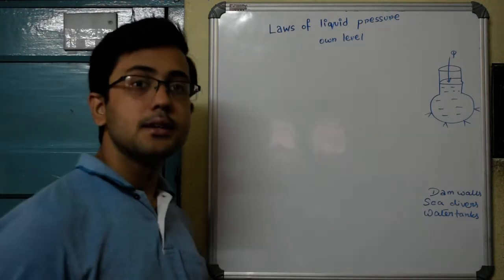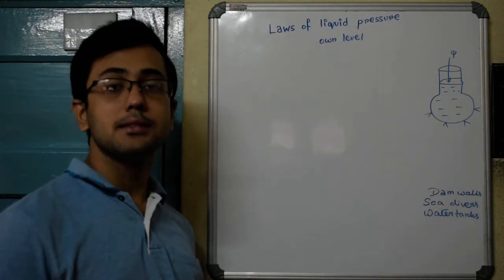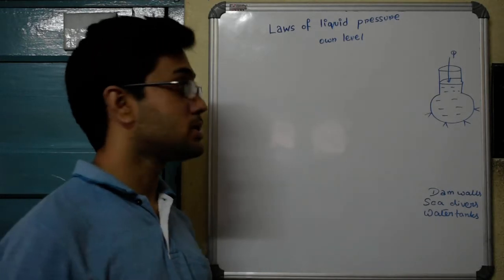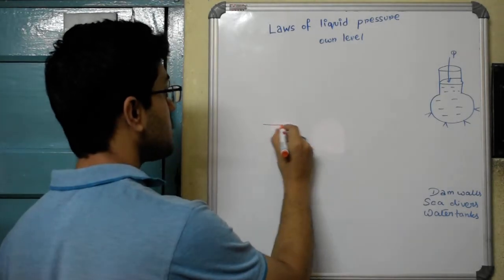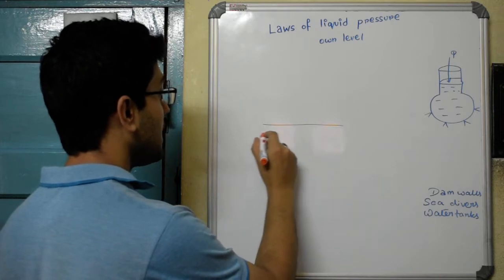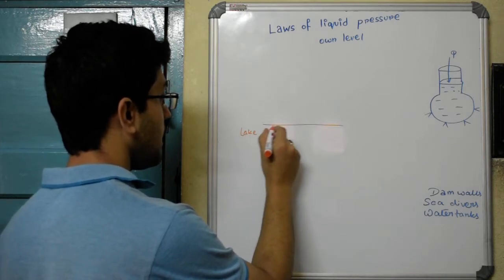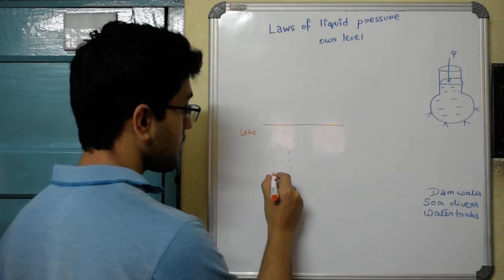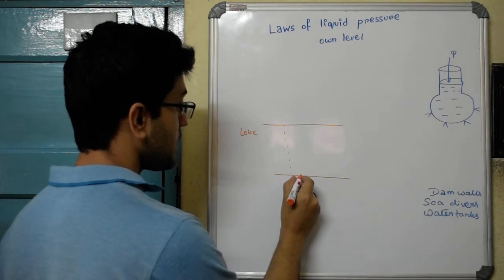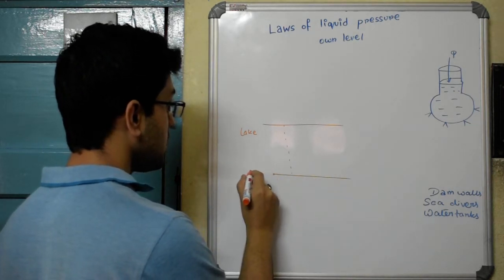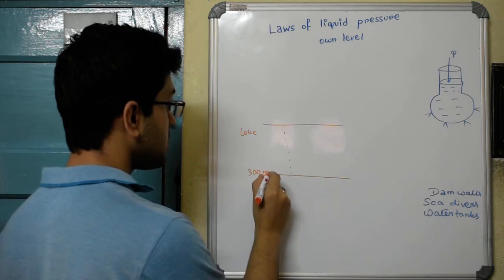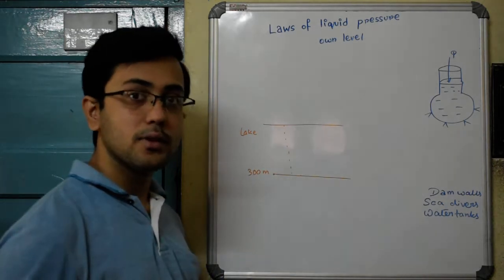Next, at a certain depth, a liquid exerts the same pressure in all directions. So if say this is a lake and I am considering the liquid at this point, say this point is 300 meters below the free surface of the lake.